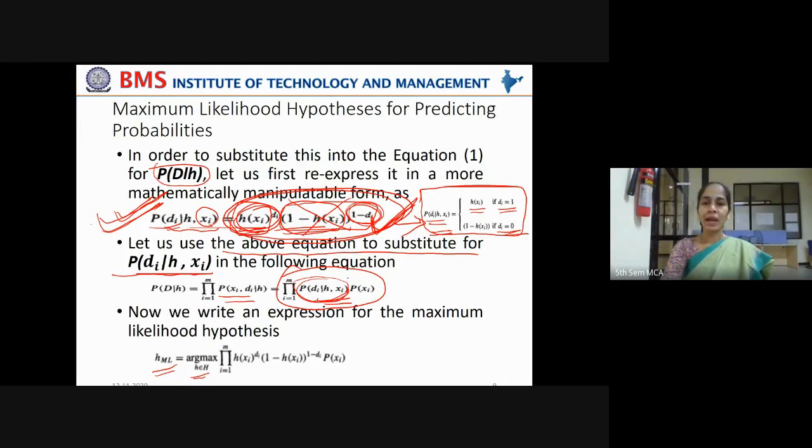Substitution is done, and retain this term P of xi as it is. Now this is the representation for the maximum likelihood hypothesis. Now let us see whether we can further simplify this representation.